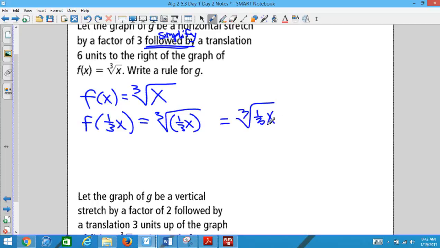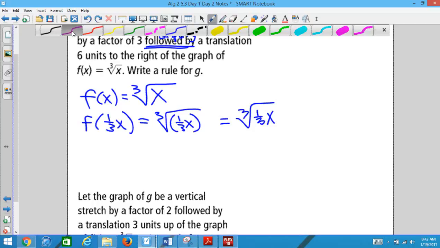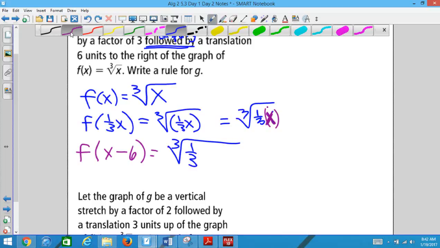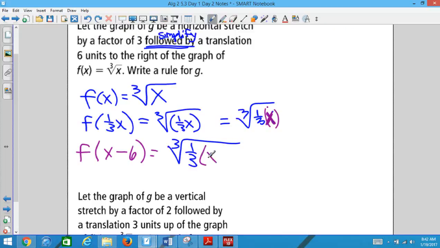The second part, translate 6 units to the right. So we go to our chart, and that says to do x minus 6. So in the step above it, wherever I see an x, I'm going to put parentheses there and put in the x minus 6 in that spot. So I'm going to have cube root 1/3 parentheses x minus 6.